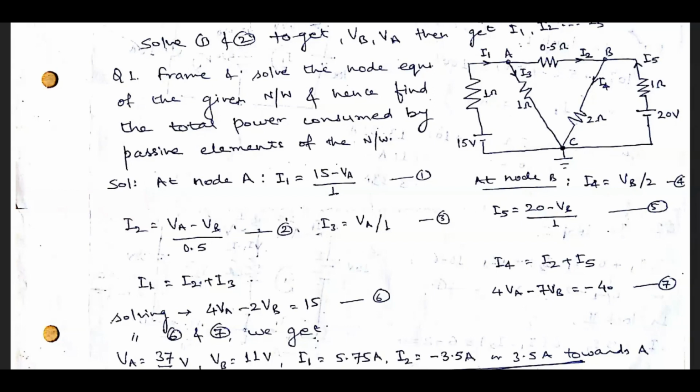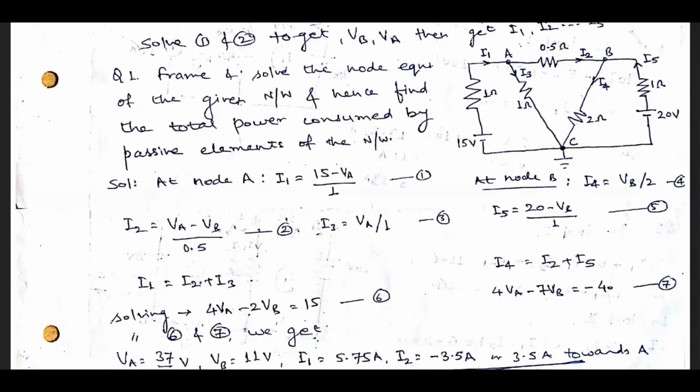In the branch AB, VA minus VB upon 0.5 gives us I2, and I3 was obtained from the branch AC using Ohm's law, and I5 was again based on the potential difference and Ohm's law.